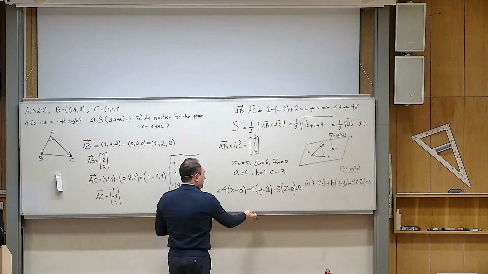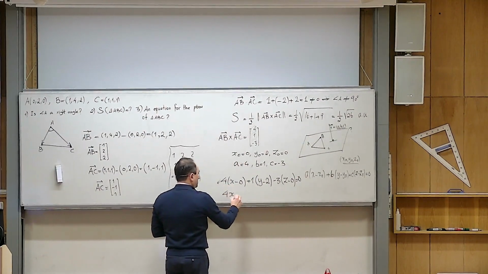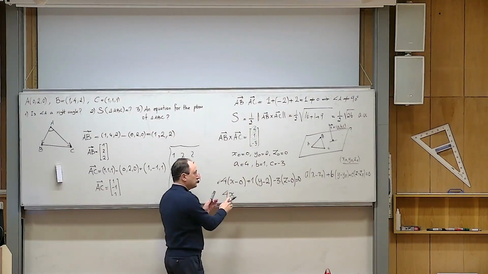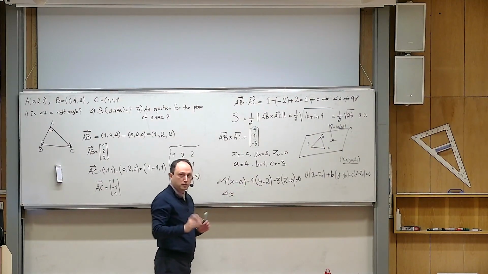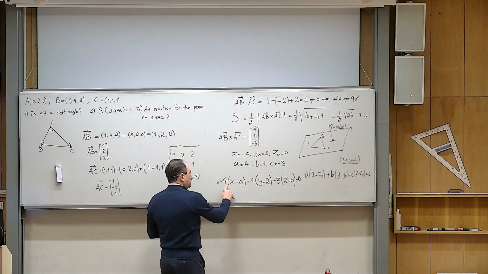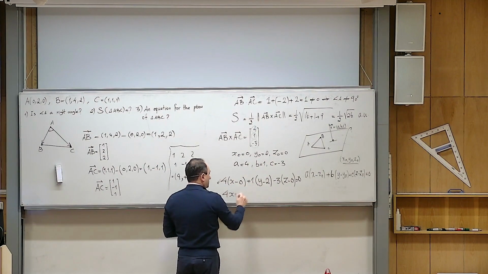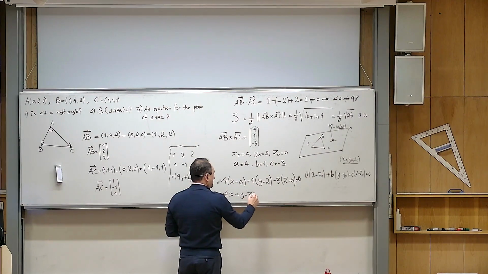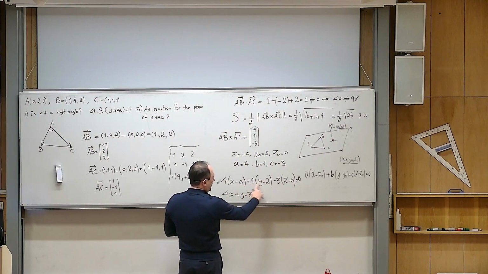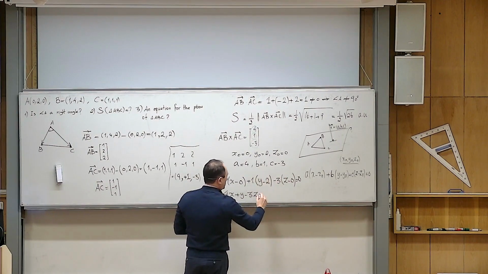And then, of course, I simplify that. So it becomes 4x, because they have mentioned to move the constant term to the right in the problem itself. So to respect that, I write 4x plus y minus 3z. And then you see that I have a -2 on the left. I move it to the other side. So this is my equation that I was looking for.